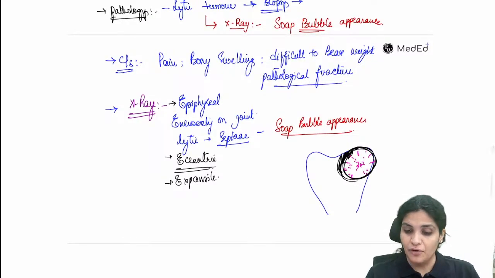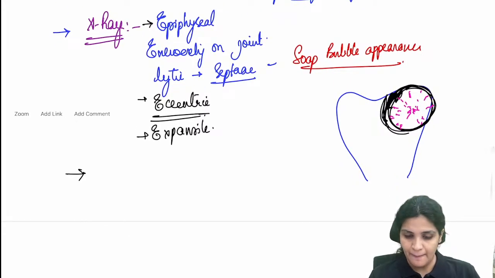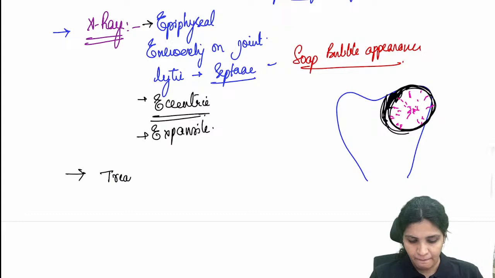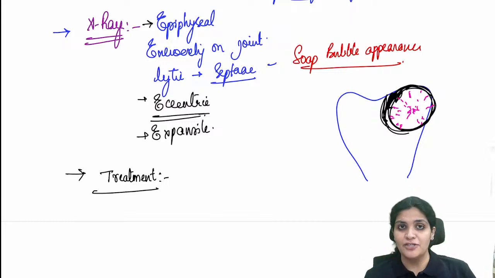And now once you confirm by the X-ray, how do you treat it? Treatment is very, very important, right? So here I have told you that this is a benign tumor, but it is a benign aggressive tumor.